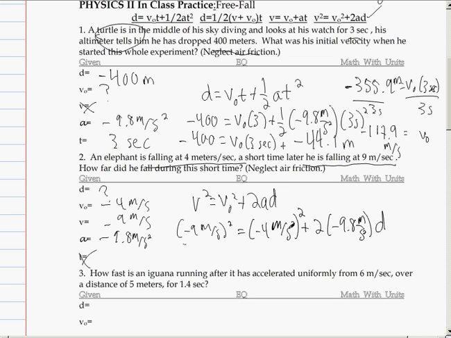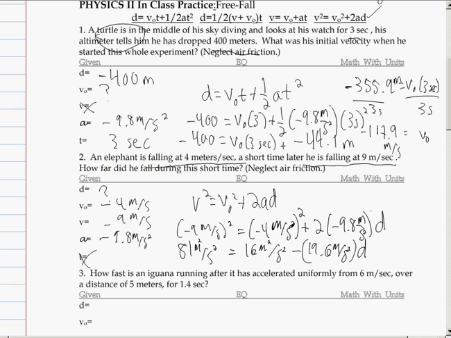So it'll be 81 meters squared per second squared equals negative 4 squared. It'll be 16 meters squared per second squared minus 19.6 meters per second squared times d.